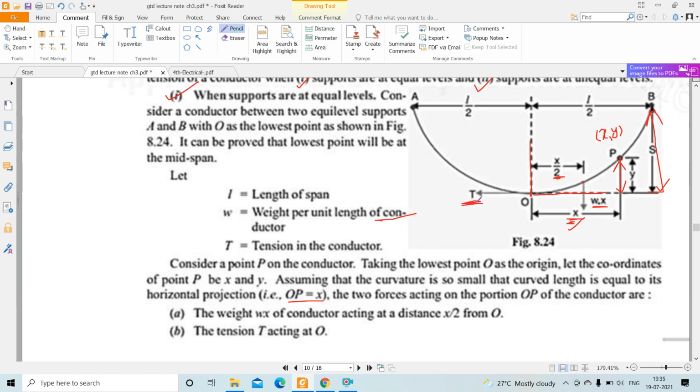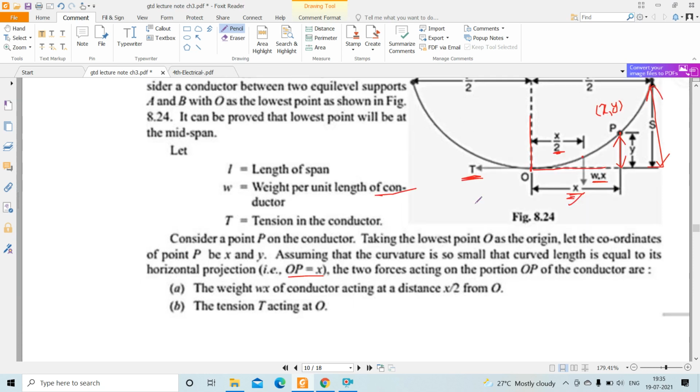These two forces are acting on the portion OP.